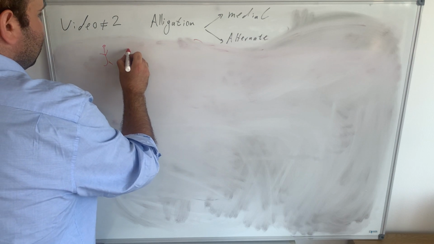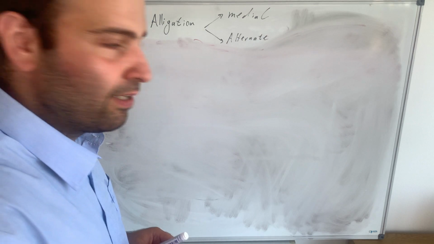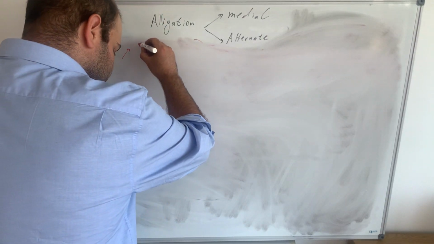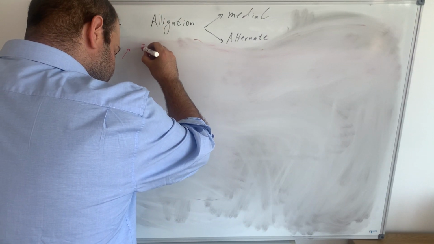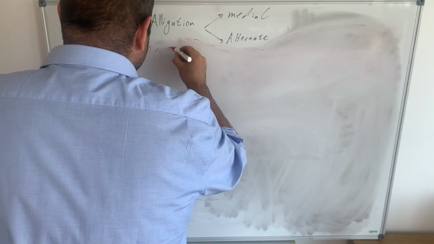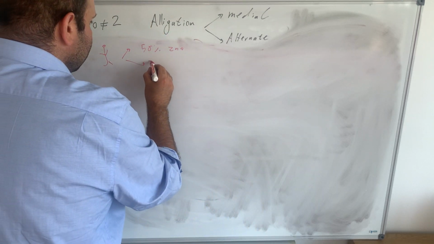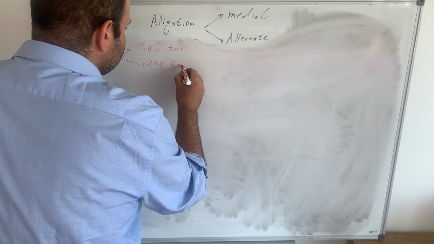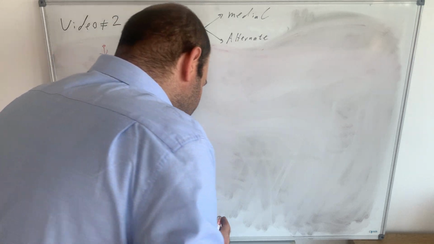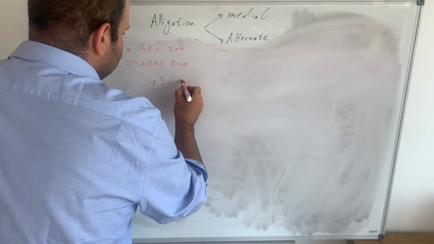He goes to the lab, and in one hand he has 50% zinc oxide, in the other hand he has 20% zinc oxide, and he also has 5% zinc oxide on the table.